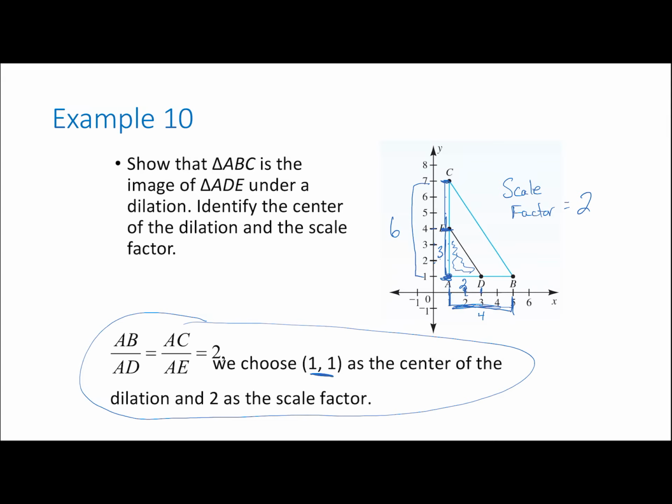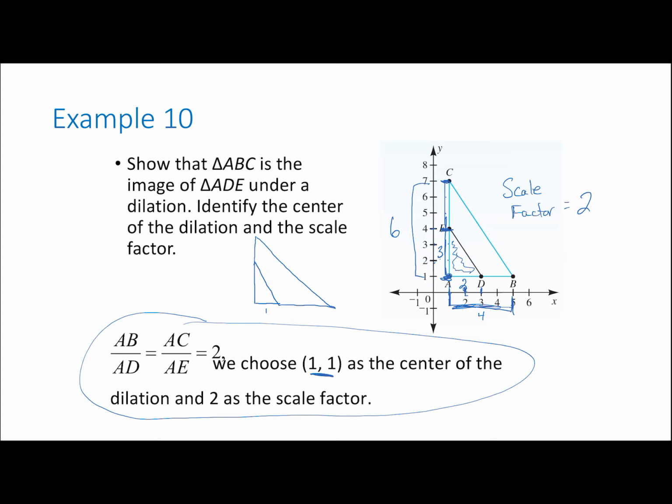But I want you to understand, how do we show that it's a dilation? Well, we have to show that it changes proportionally. For example, if we were to take another triangle like this, and we were to have another triangle that looked like this, that's not a dilation, right?